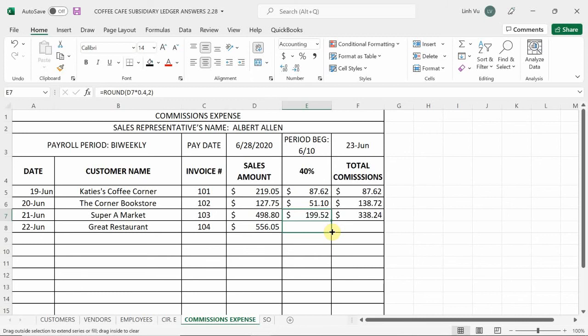So it's going to be 556.05 by 0.40, correct? Yes. We got 220.42. Okay.